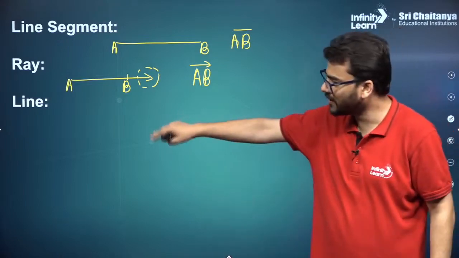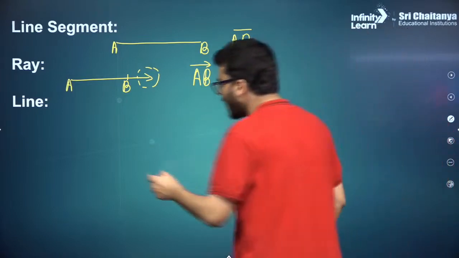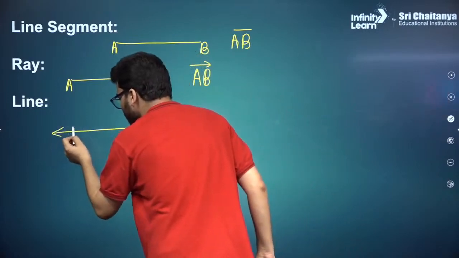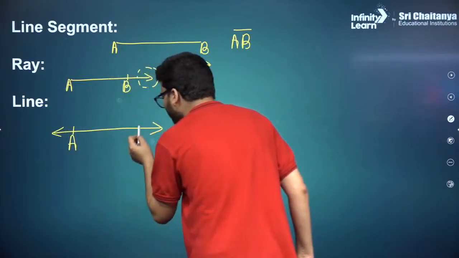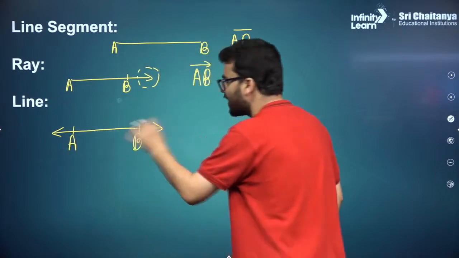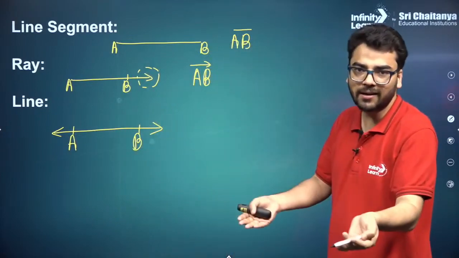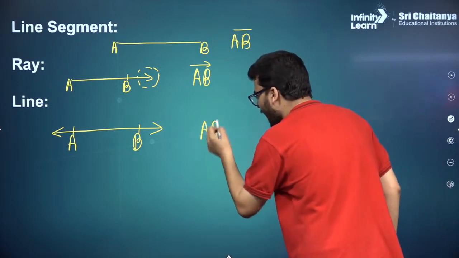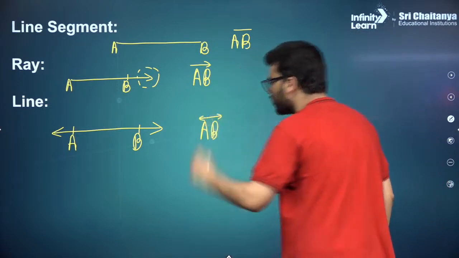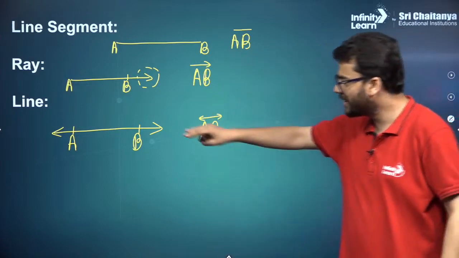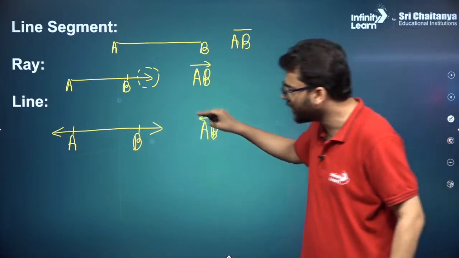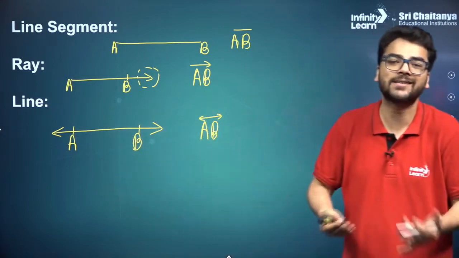Now the third thing is a line. A line is basically a ray in both the directions. In order to name a line, you take 2 points lying on that line, so it is represented by AB, and you show it by 2 arrows in both the directions. The length of a line is not defined because it is going in both the directions, so you cannot find its length.